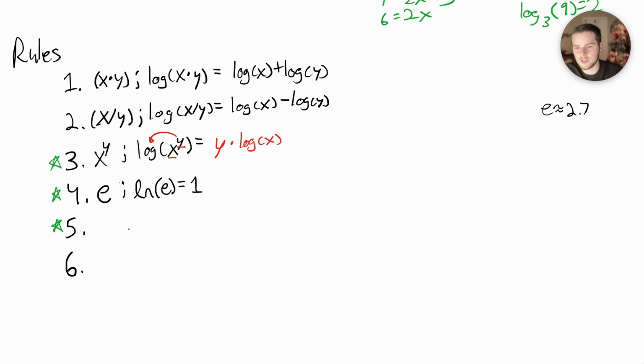Okay. So for the fifth one, it's a fact that we talked about earlier. We're going to have 1 to start with. We're going to take log of 1, and that's equal to 0. Now when I'm saying log without specifying any base, we're just going to assume log base 10.